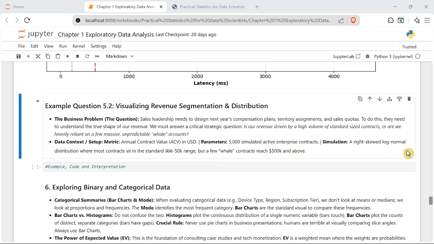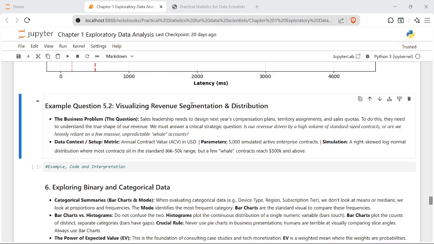So let's move to our next question. Let's start with our example question number 5.2, visualizing revenue segmentation and distribution. The hook, explaining the business problem: before sales leadership can design next year's compensation plans, carve out territories, and set realistic quotas, they have to understand the true shape of our revenue.